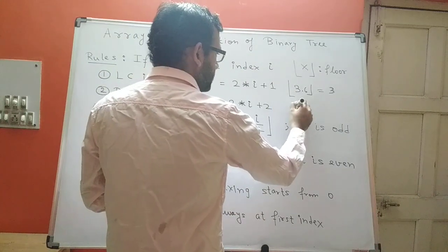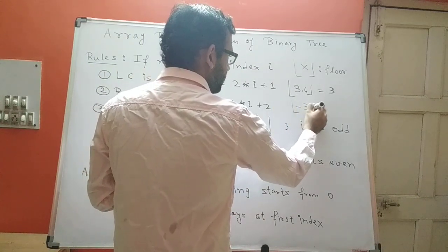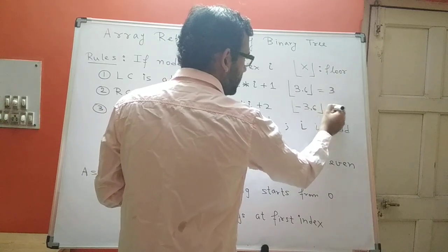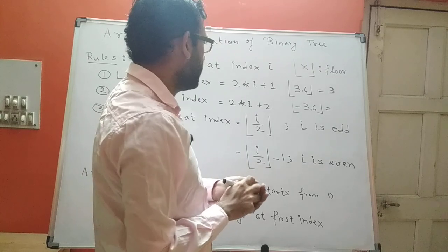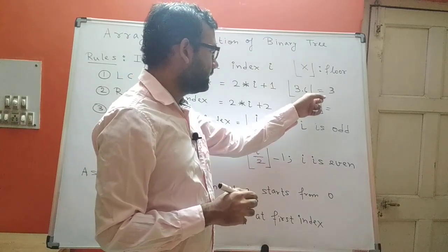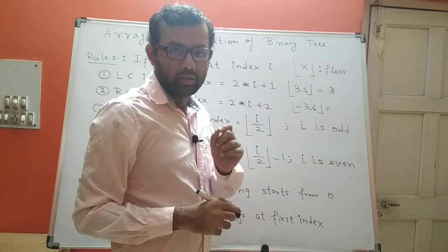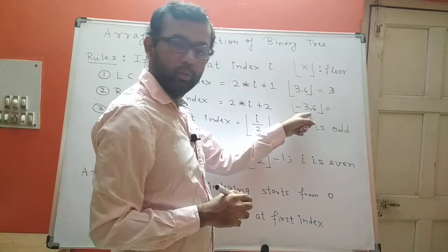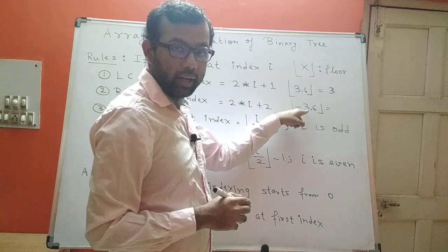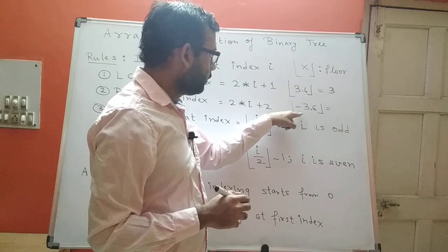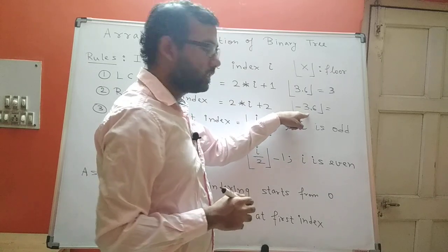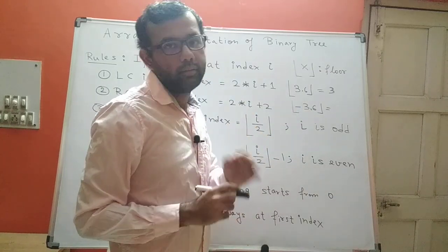Similarly, let's say I take the floor value of minus 3.6. So what if I try to find the floor value of minus 3.6, then what would I get? Here floor of minus 3.6 will be the integer which is closest to minus 3.6 and which is less than minus 3.6.